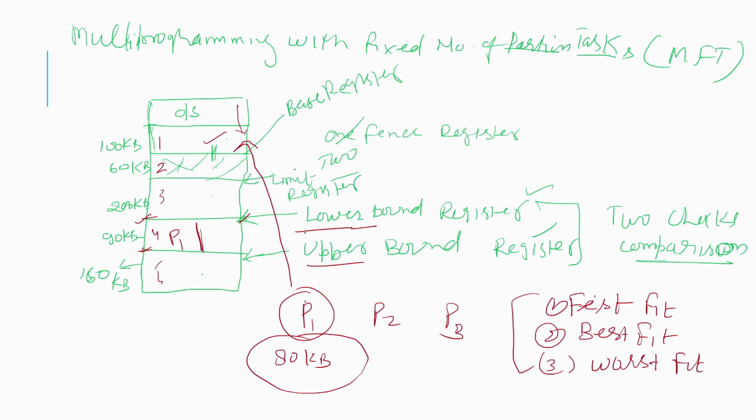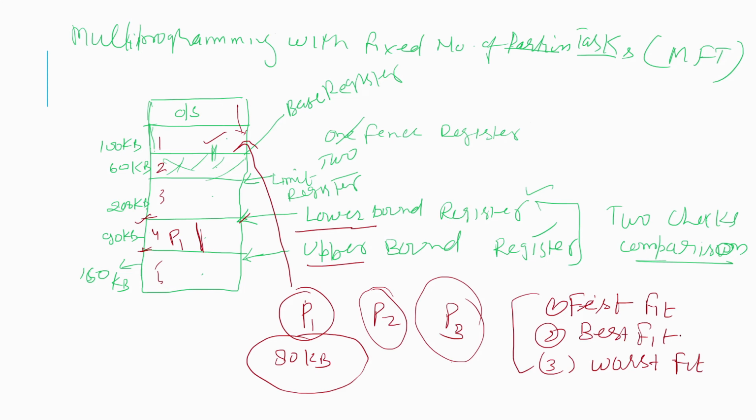In best fit, it will scan all the partitions and choose the best one in which the process can be executed. Another one is worst fit. As the name suggests, it will take the largest area for the allocation of space to the program.